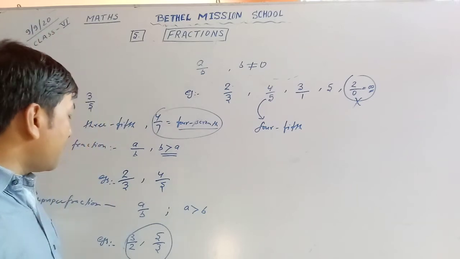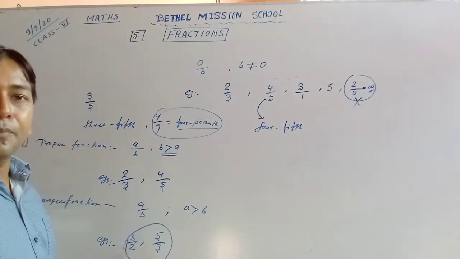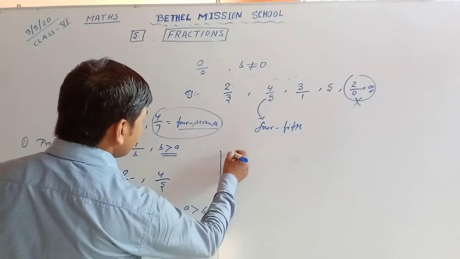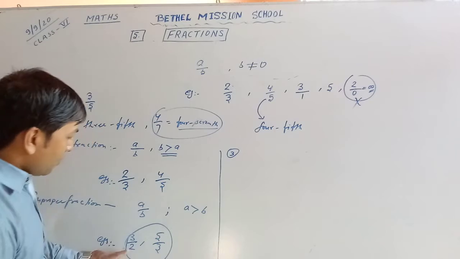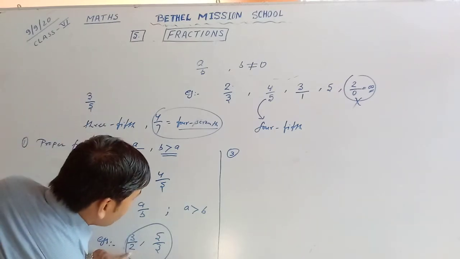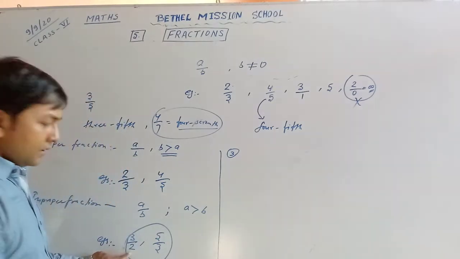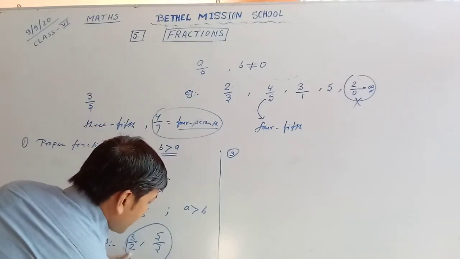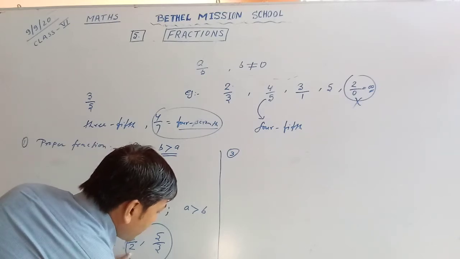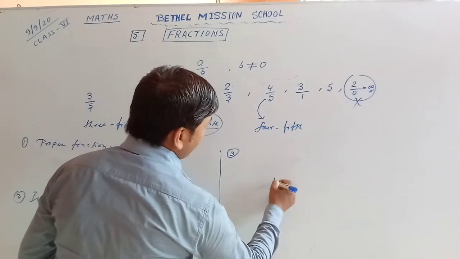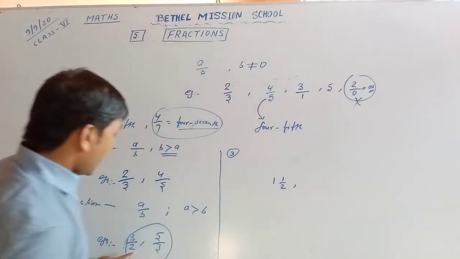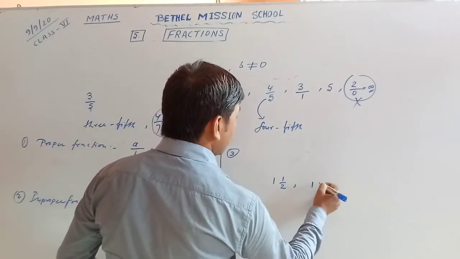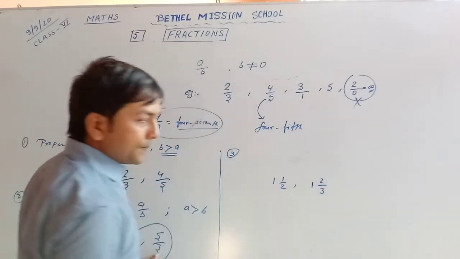Okay, when the given fraction is improper, then we can write it as a mixed number. When you divide 3 by 2, you get 1 and 1 upon 2. And when you divide 5 by 3, you get 1 and 2 upon 3.